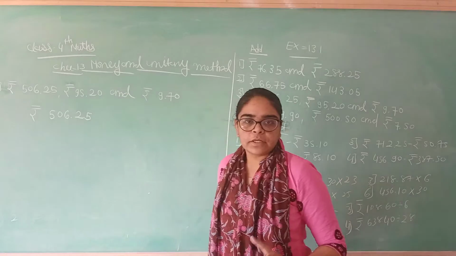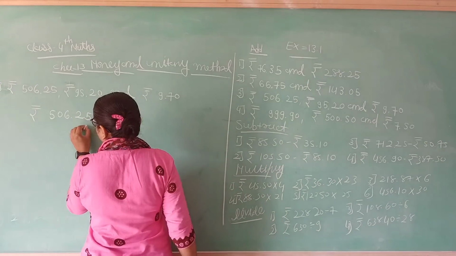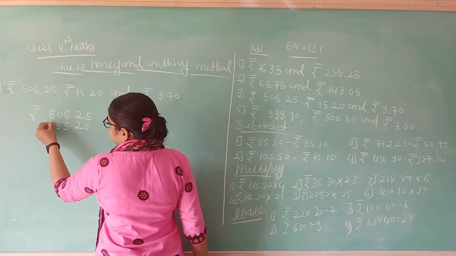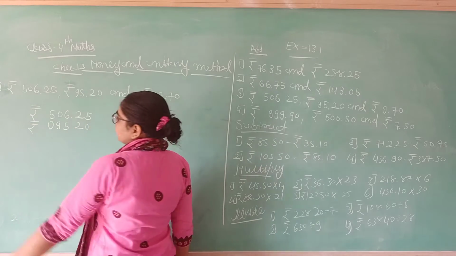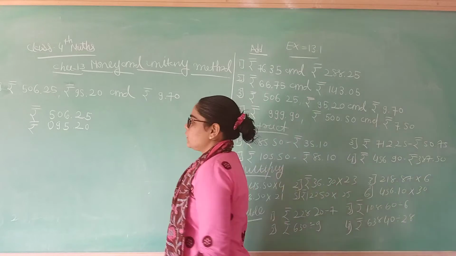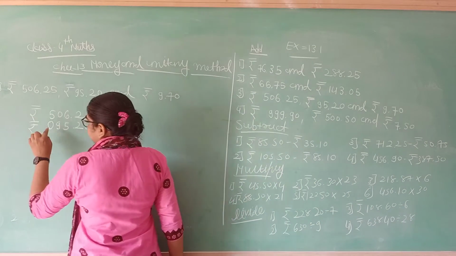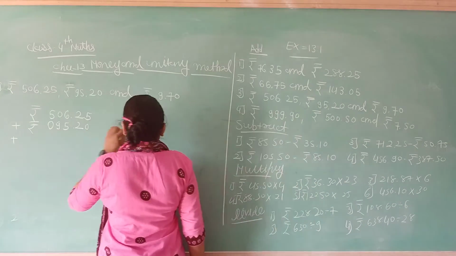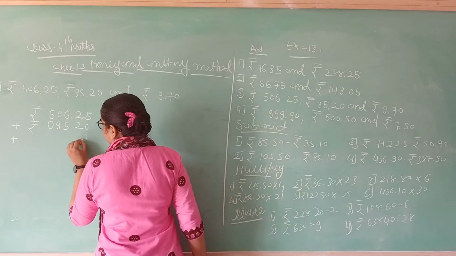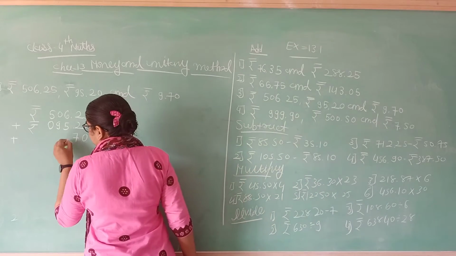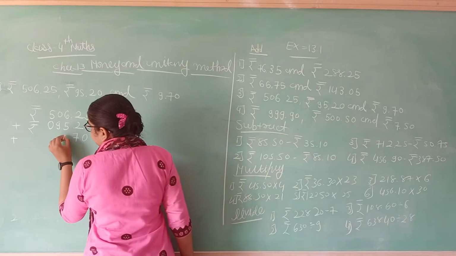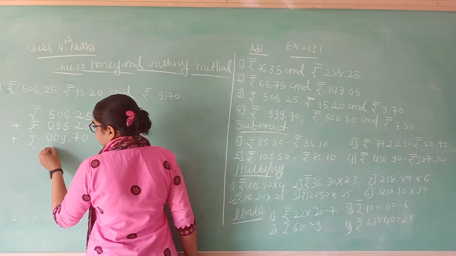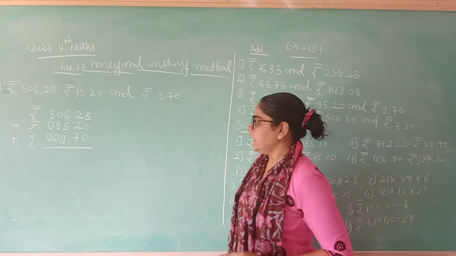Then second number, arrange it here, then 5, 9. Here the place of 0, place of 100 is not given, so here add 1 zero. Then the third number: 0, then write down here 7, put the point, then 9. Here the place of 10 and place of 100 both are not given, so 2 zeros we added here.